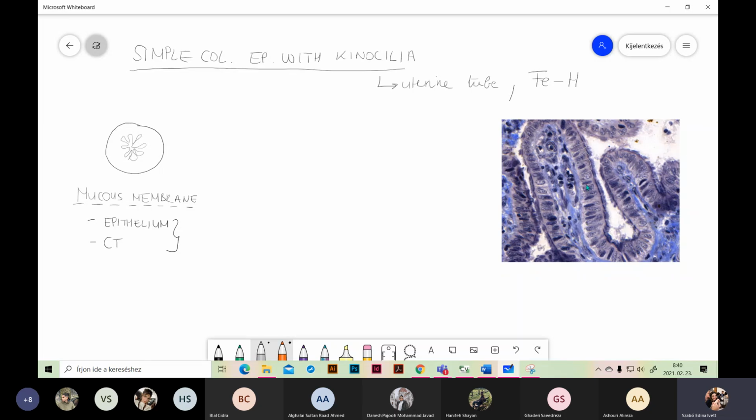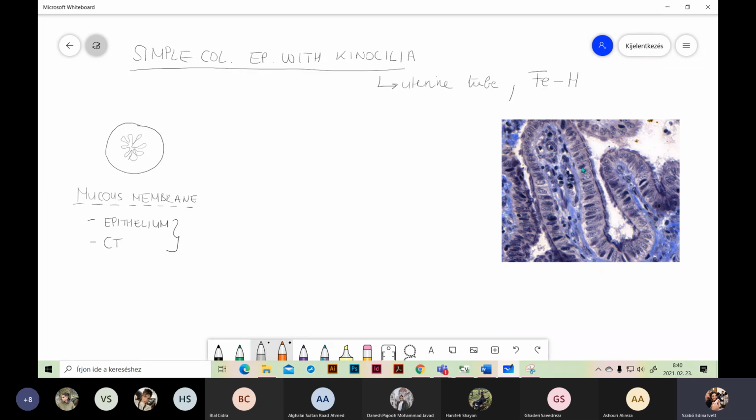That's why it's a simple, and all of the cells are sitting on the basement membrane, which should be here, between the epithelial tissue and the connective tissue. Here is the basement membrane, and all of these cells reach the surface. This is a simple epithelium, and the shape of the cells, I mentioned that previously.